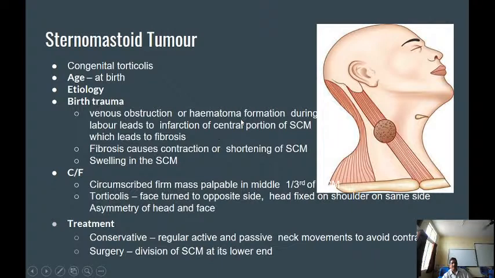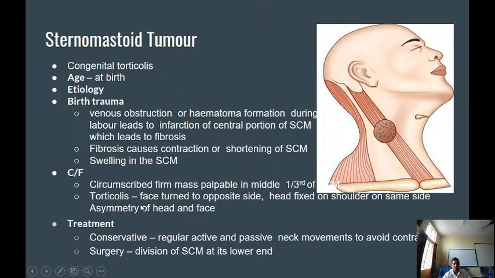It is usually because of a hematoma during some kind of an injury to this region, and there is fibrous tissue formed in the sternocleidomastoid muscle, and so there is a contraction of the muscle, and the patient usually complains of torticollis.